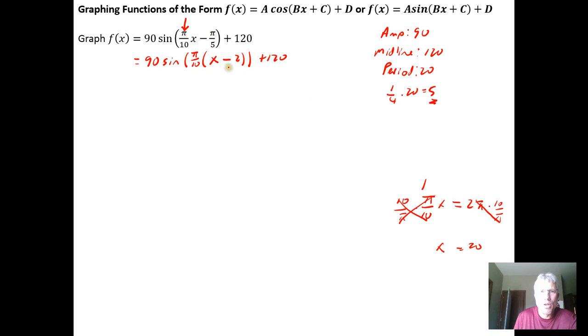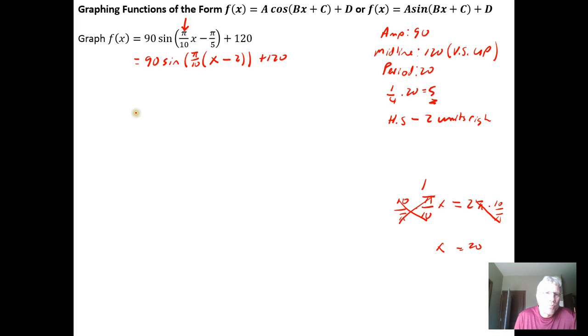So the horizontal shift is going to be 2 units, and because of the minus, it's 2 units to the right. And the midline right here really represents a vertical shift of 120 units up of the entire graph.